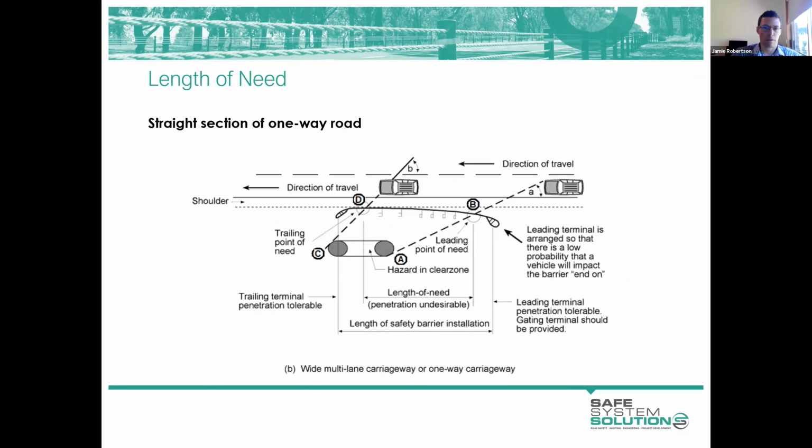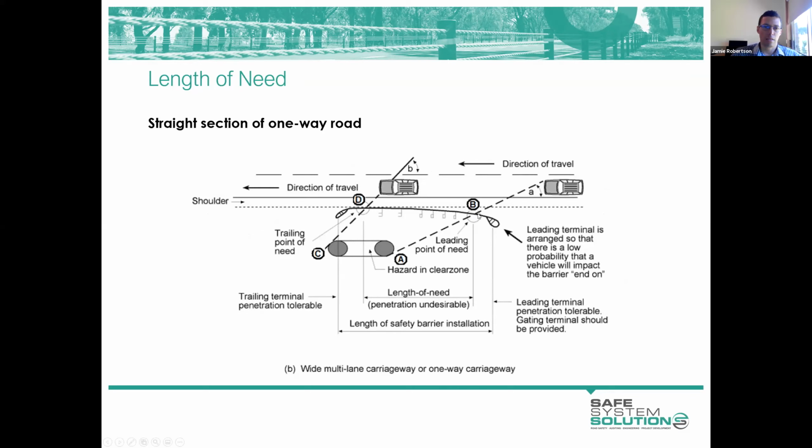In a one-way scenario, we're only concerned about providing that adjacent length of need, shielding the hazard for one direction of travel. So we can get away with a shorter length of barrier. So again, we have our angle A on the approach side, drawn to the back of the hazard. Our barrier needs to cut off that run-out line.